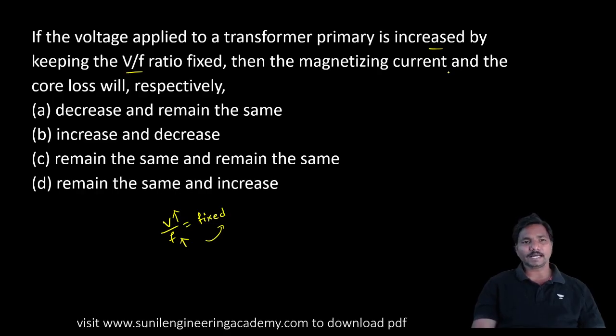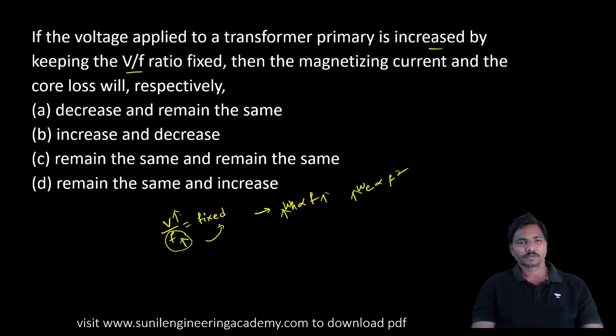Then the magnetizing current and the core loss will be respectively dash. So V by F fixed means W_h is proportional to frequency and W_e is proportional to frequency square. So if you increase the voltage, you have to increase the frequency to keep the ratio constant. As frequency increases, losses will increase.